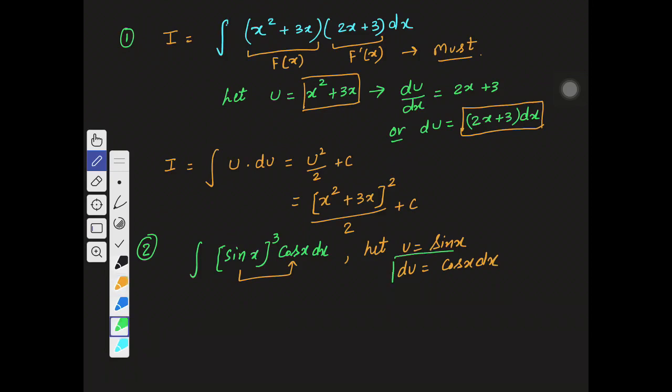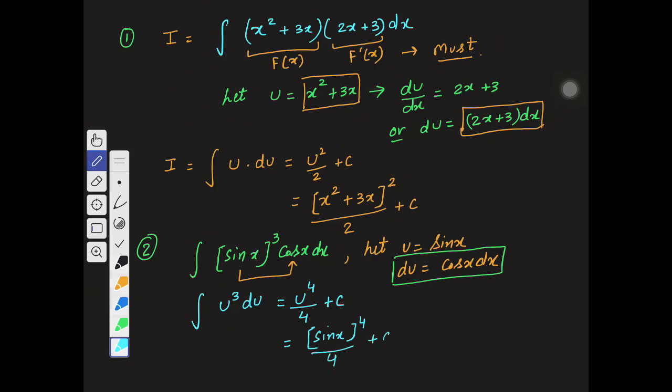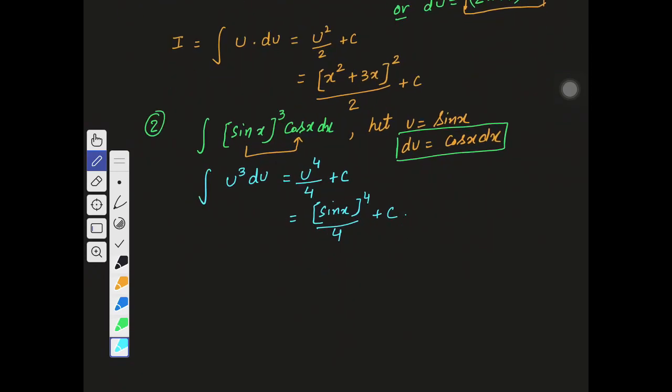You substitute these values in the original question, and you can rewrite it as the integral of u to the power 3 times du. Then simple: u to the power 4 over 4 plus c. You plug that u back and you get your final result. So it's very easy. You just have to identify one function and its derivative.